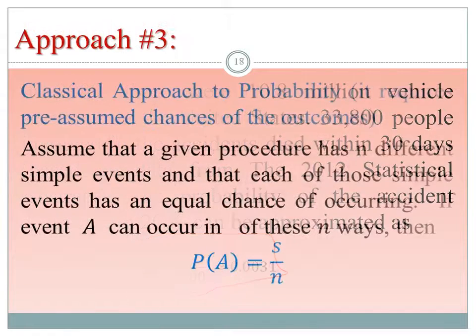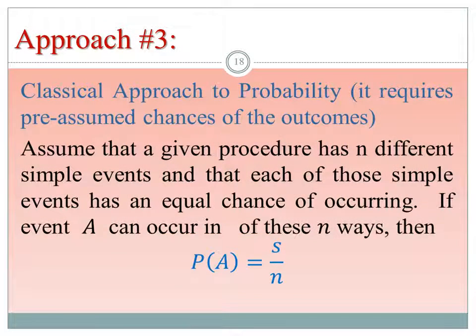Alright, so the third approach, the classical approach to probability. Nowadays we use this approach. This probability requires pre-assumed equal chance of the outcomes. Assume that a given procedure has n different simple events, and that each simple event has an equal chance of occurring. If event A can occur in s of these n ways, then the probability of A is equal to s divided by n.